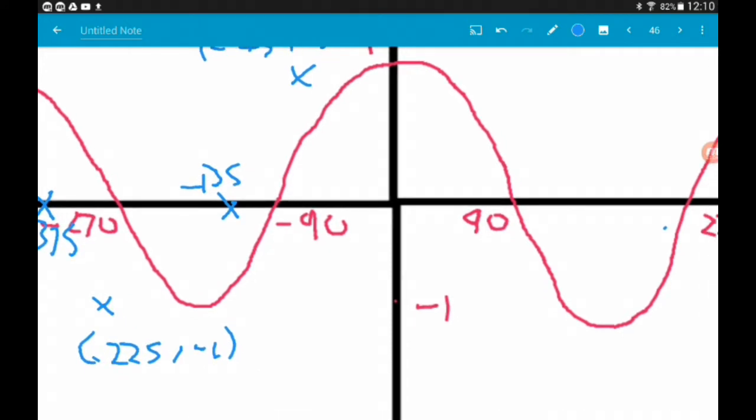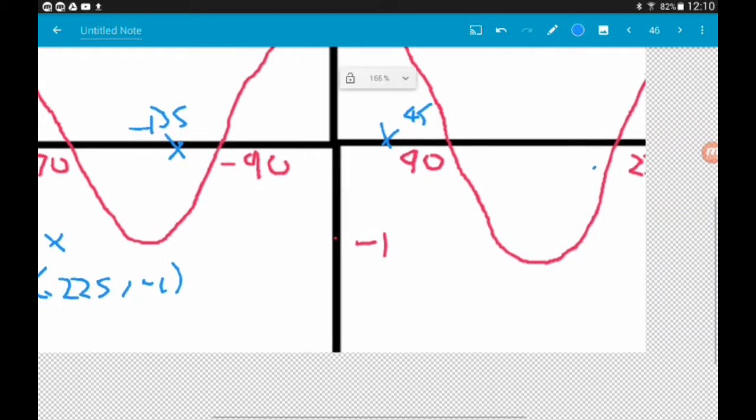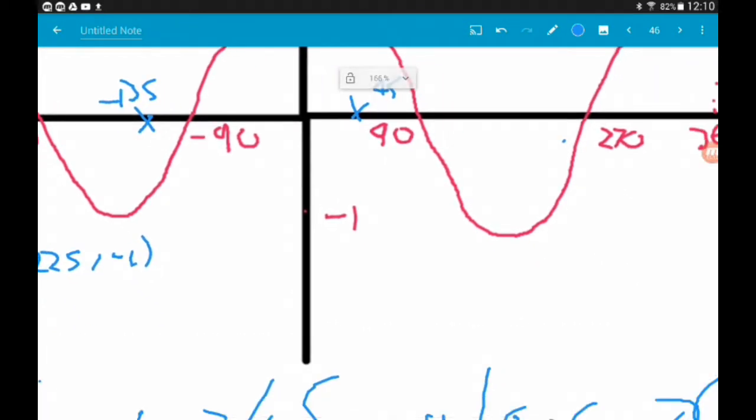This x-intercept at 90 is now going to be at 45. This trough down here that was at 180 is now going to be at 135, and the y coordinate is still -1.